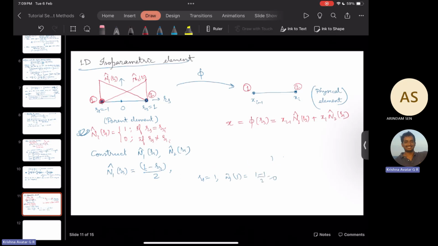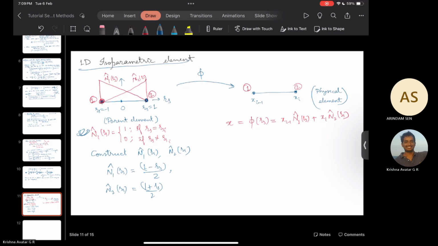This means the conditions are fulfilled. Likewise, n2 hat of z is equal to 1 plus z by 2. And we can clearly verify that when xi is equal to 1, then 2 by 2 is 1, and when xi is minus 1, then 1 plus xi by 2 is equal to 0. Those conditions are fulfilled.